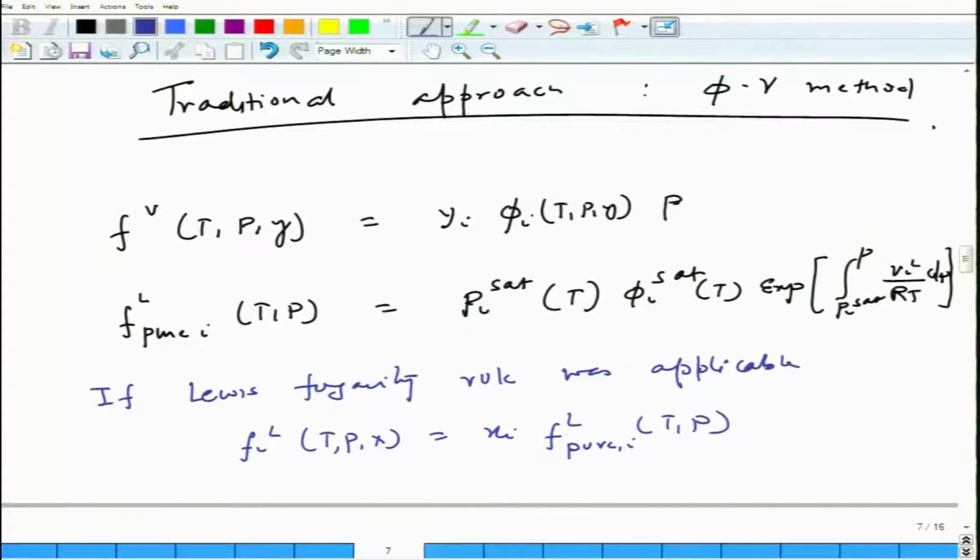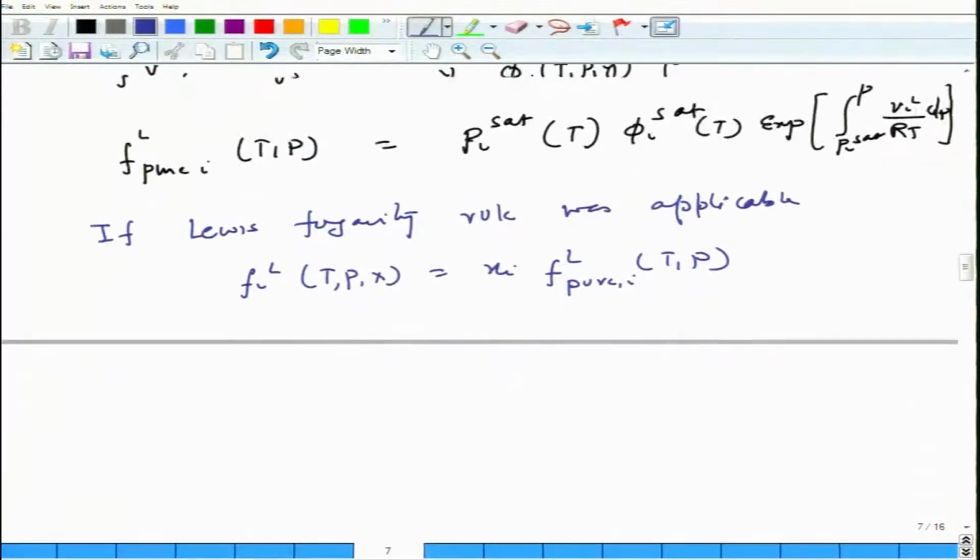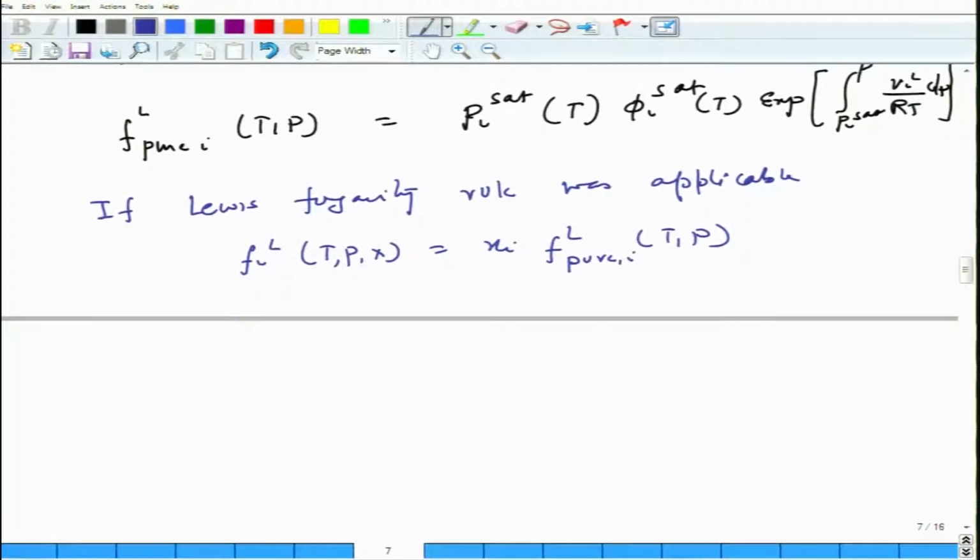And this we have defined earlier also, but I am going to define it again: in general we define the activity coefficient, which illustrates the deviation from this Lewis fugacity rule. The ideal liquid will behave like the Lewis fugacity expression.